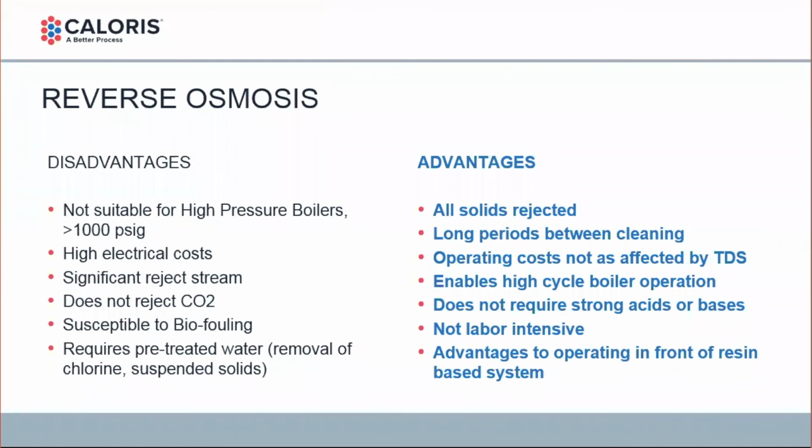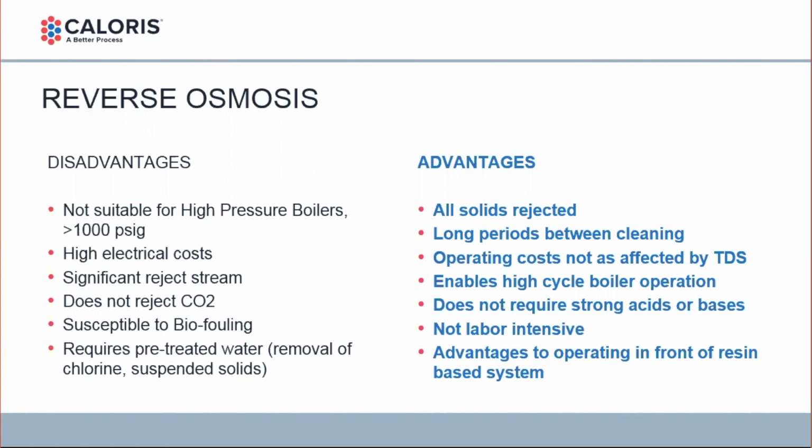Okay, so for the reverse osmosis, disadvantages: not suitable for high pressure boilers greater than 1,000 PSI alone. You might use it in combination with a DI system, but alone it's not going to give you the water quality needed. It's going to have high electrical costs, a significant reject stream.